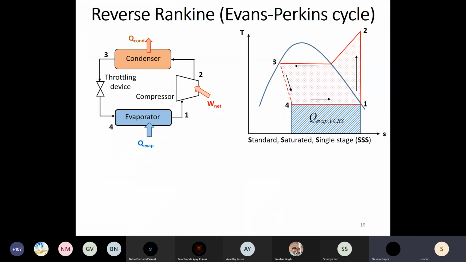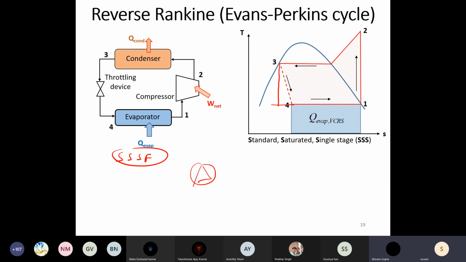And the second deviation comes from the expansion side. Okay, so if you now remember your steady state, steady flow analysis of compressors and expansion devices.